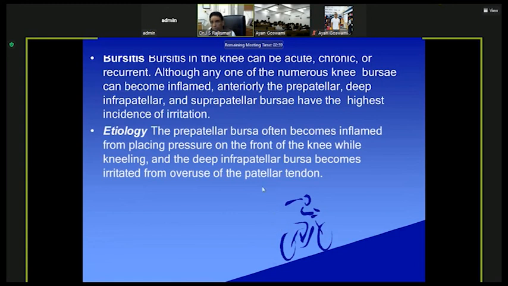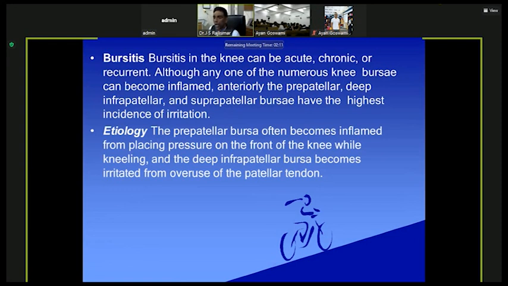Now, what should you know about it? You can have bursitis. This is a very common thing you will see if you go to the outpatients, or those of you who sit with me at the outpatients of Shantiniketan, Sevaniketan, you will find that patients will come with pain from bursae. And it's very interesting that depending on where the bursa is, it's called differently. For example, imagine that you are a clergyman kneeling upright in a church.